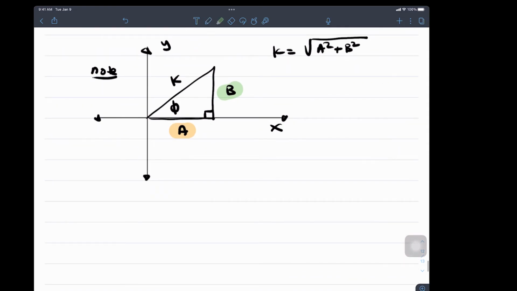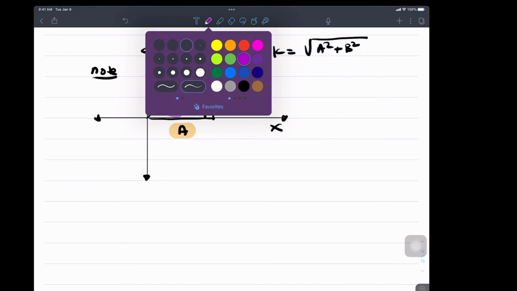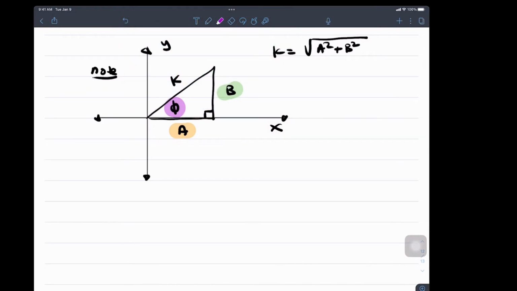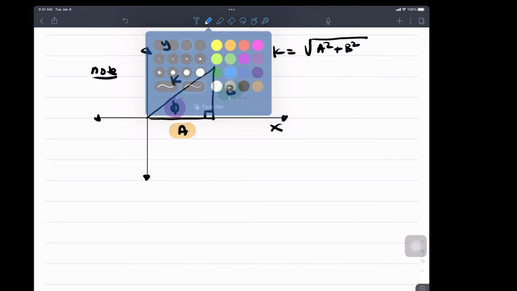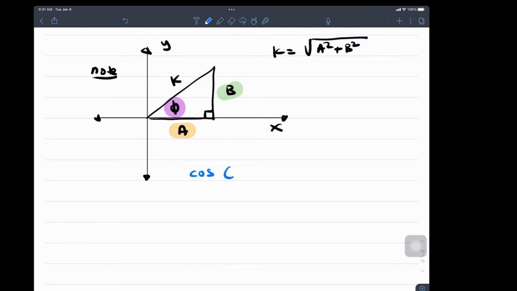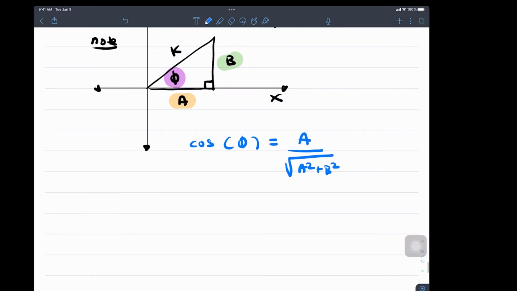So in terms of phi, do you guys realize something here? What's the definition of cosine of phi? Do you guys know? Yeah, it's adjacent over hypotenuse. That is a over the square root of a squared plus b squared, because that's what k is, right?